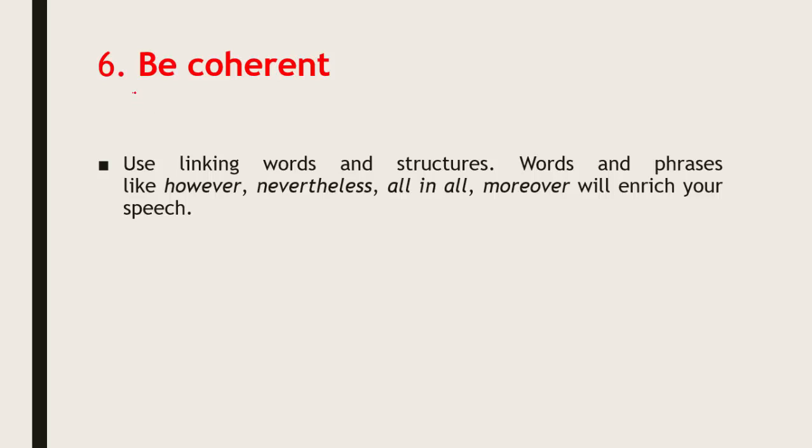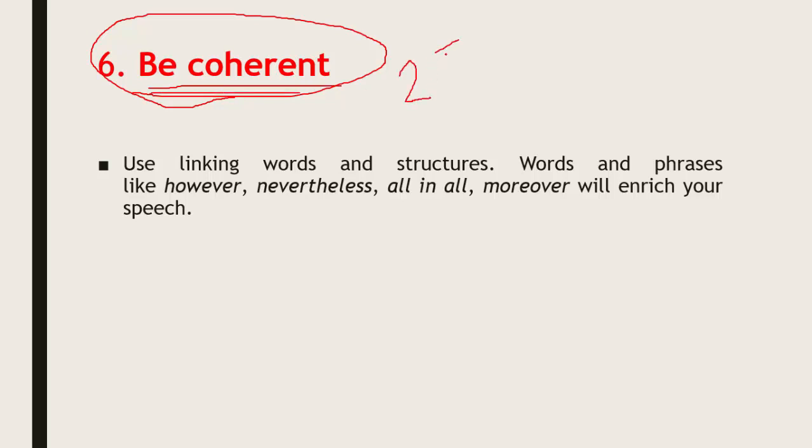And the sixth stage is be coherent. So it's an important part, and there is a 25% mark for coherence. Fine. So use linking words and phrases like however, nevertheless, all in all, moreover, which will enrich your speech.